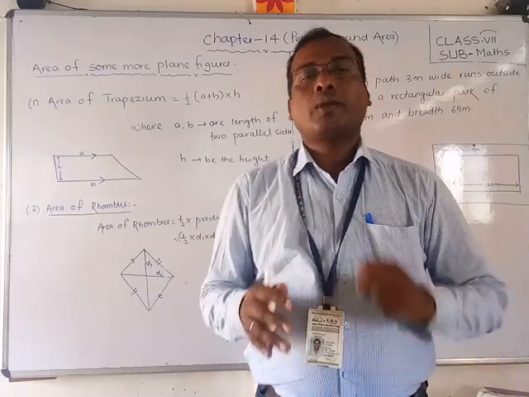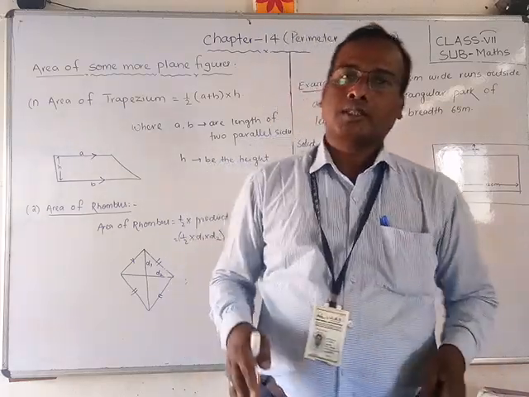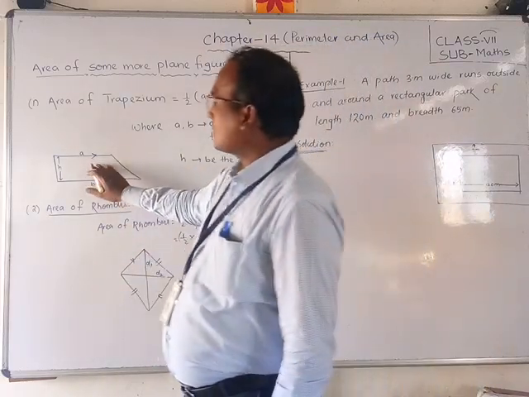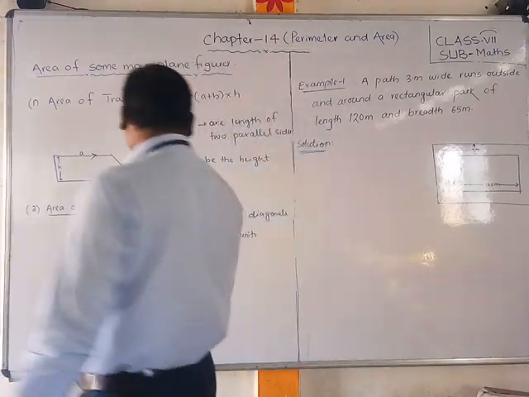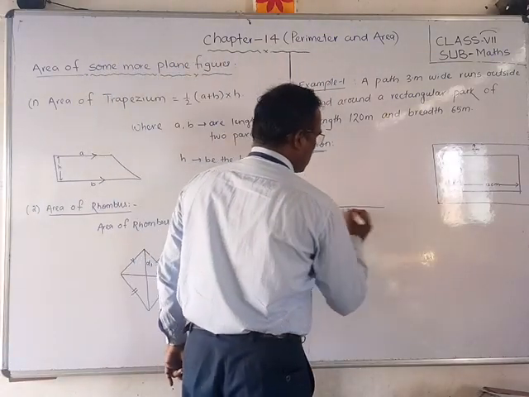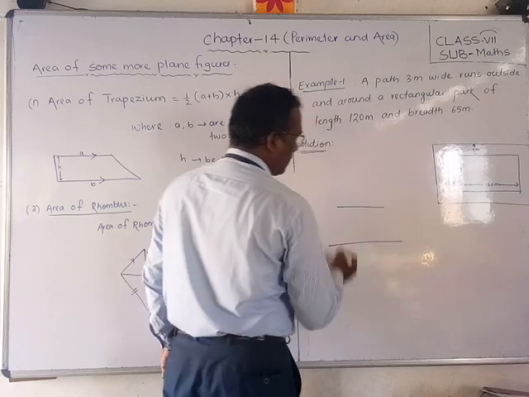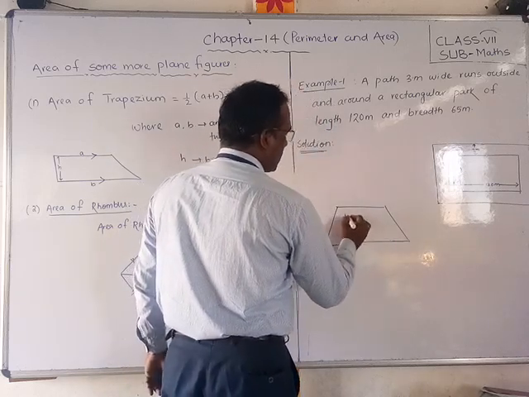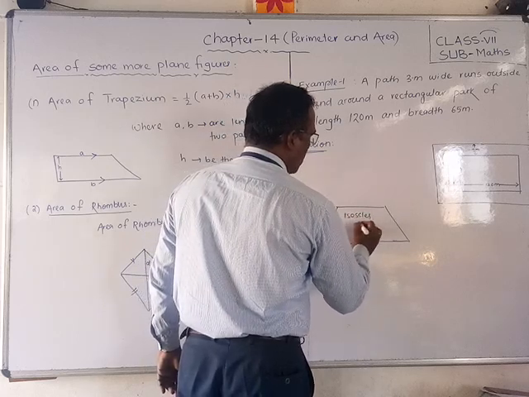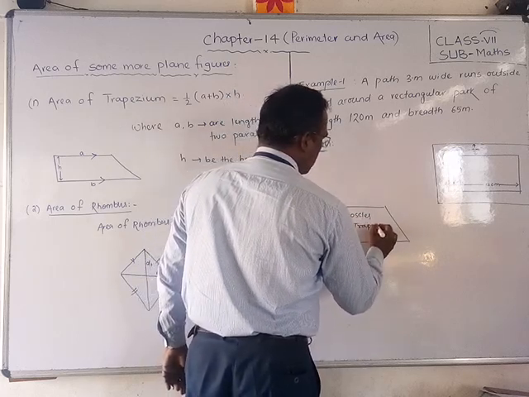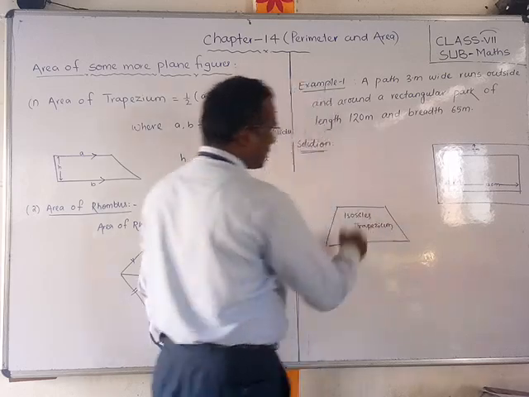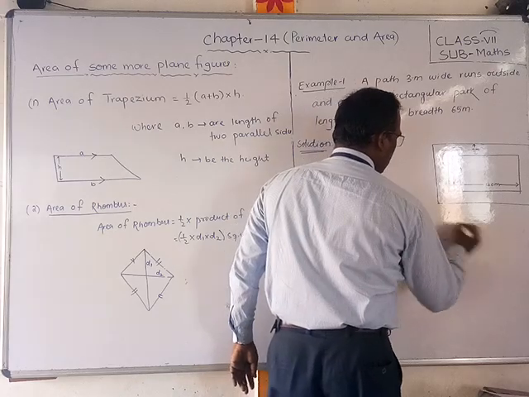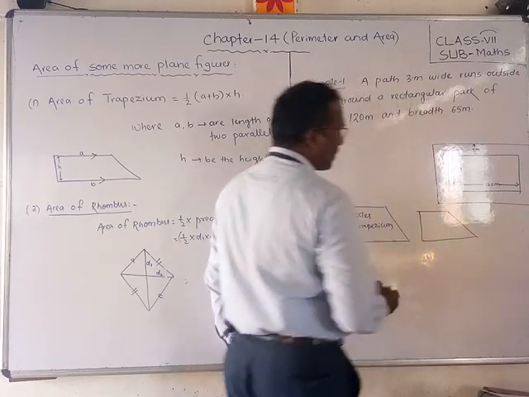And there are two types of trapezium. One is the isosceles trapezium, another one is the right trapezium. Students, you can observe that in this one these two lines are parallel and these sides are equal. This is called an isosceles trapezium. And another one is called a right trapezium.